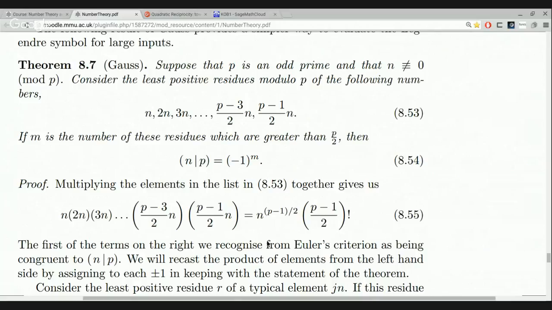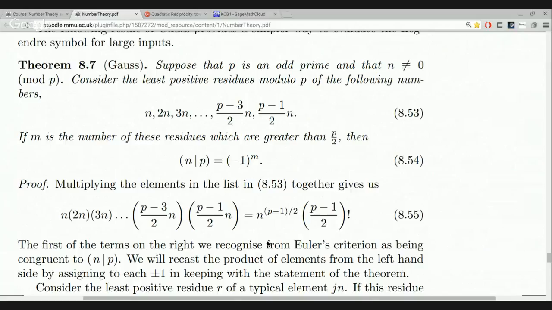Now this result attached to Gauss is a generalization of the argument that we went through with 2 modulo p.